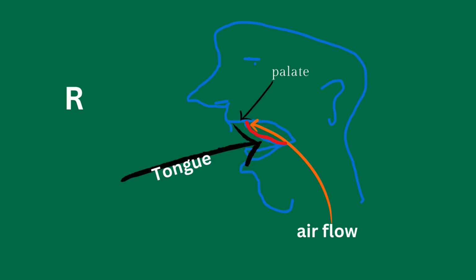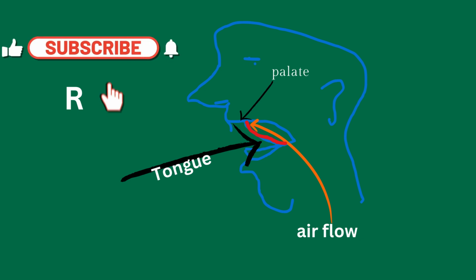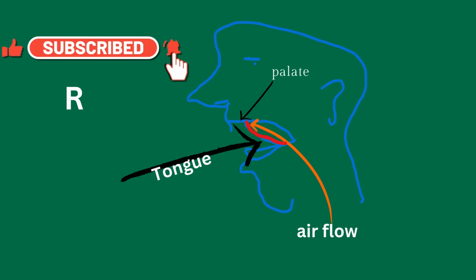Now for the letter R that is in buenas tardes. Be careful not to say it the English way. The way to do it is this. This orange arrow is the airflow. This red line is the tongue. And the palate, you will put the tip of the tongue right there, before or behind the teeth.